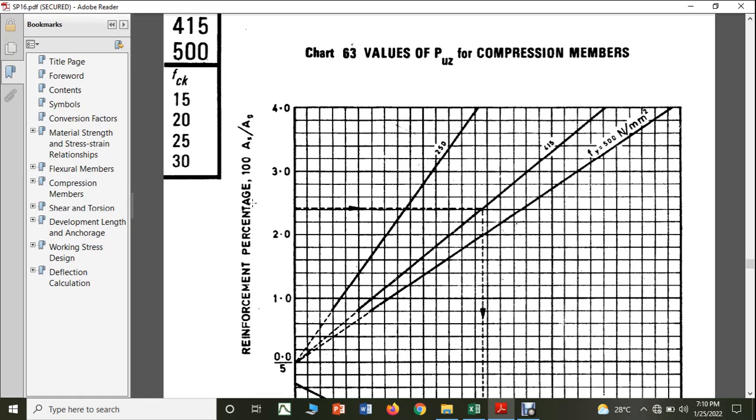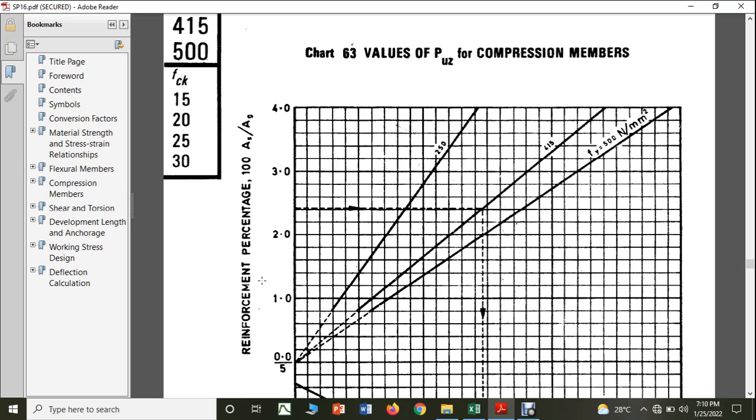So that is 100 divided by 400 divided by 500 into 100.